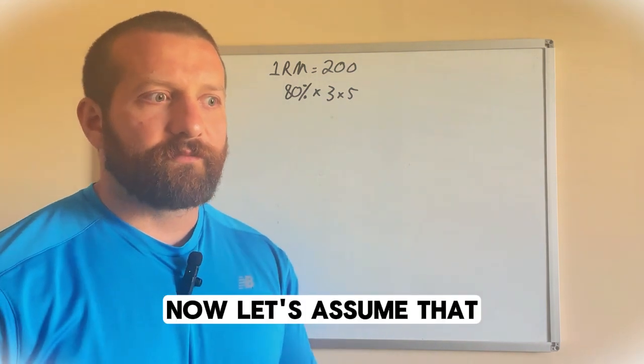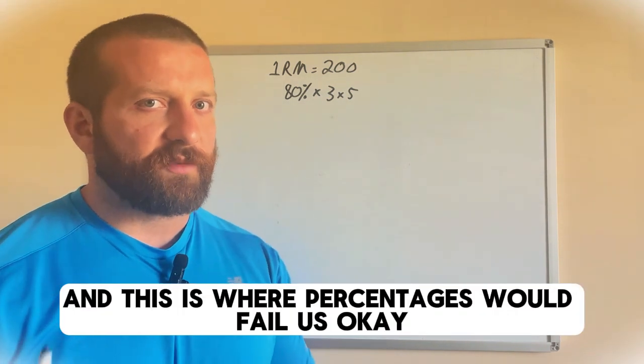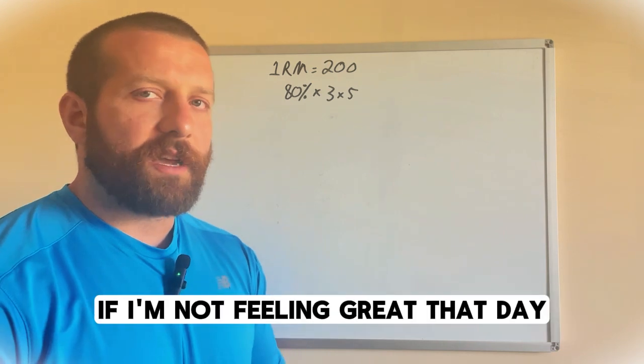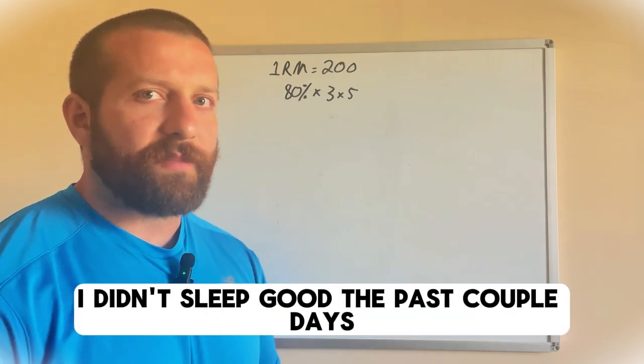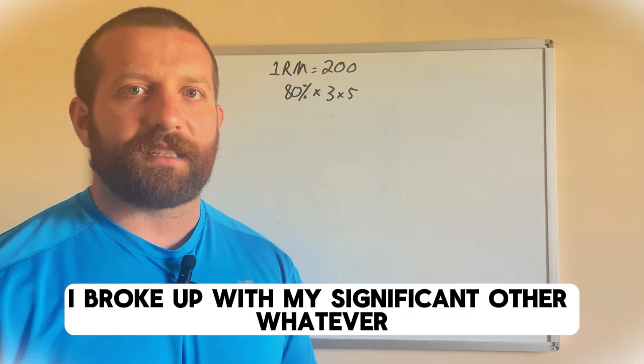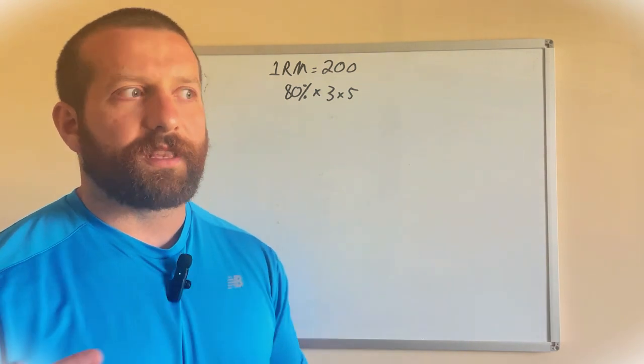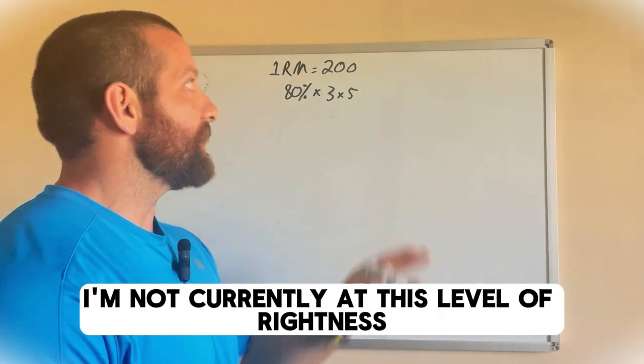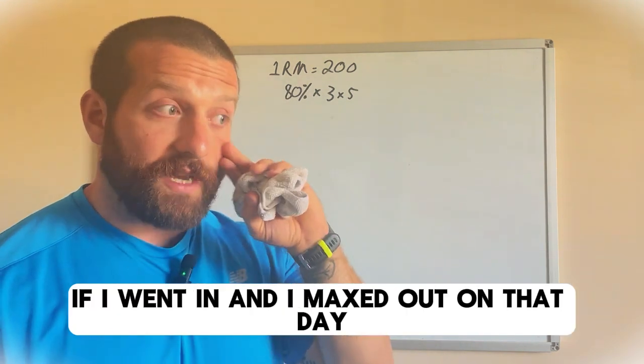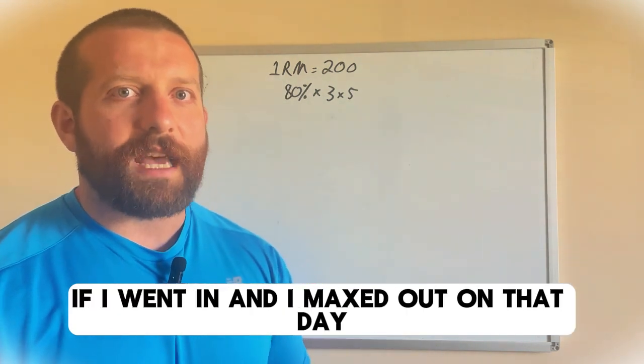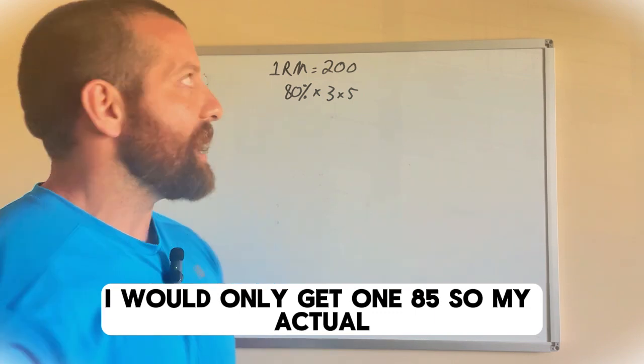Now let's assume that, and this is where percentages would fail us, okay, if I'm not feeling great that day, I didn't sleep good the past couple of days, I broke up with my significant other, whatever, I'm not currently at this level of readiness. If I went in and I maxed out on that day, I would only get 185.